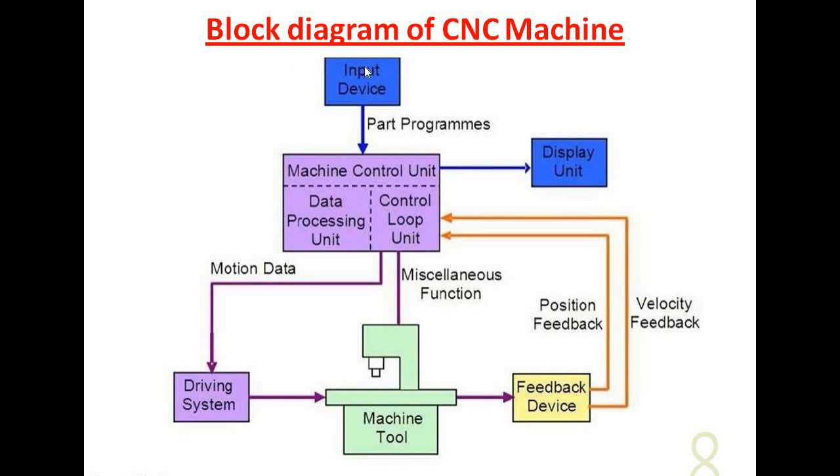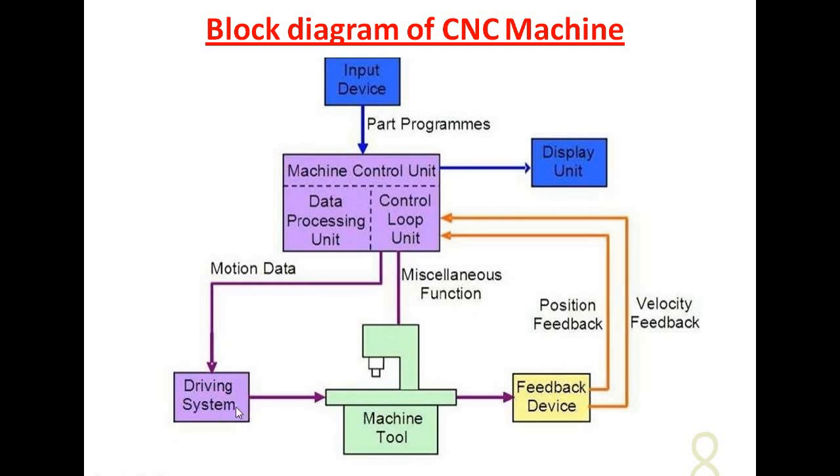Generally input device provides the code to the machine control unit. The machine control unit has 2 divisions. One is data processing and second is control loop. Data processing unit analyzes the data, where control loop unit executes it. It will transfer the same motion to the driving system. Driving system is connected with the machine tool.